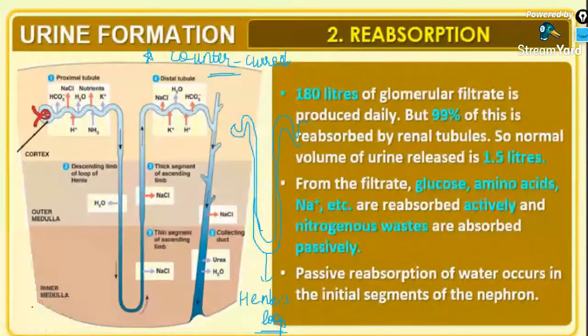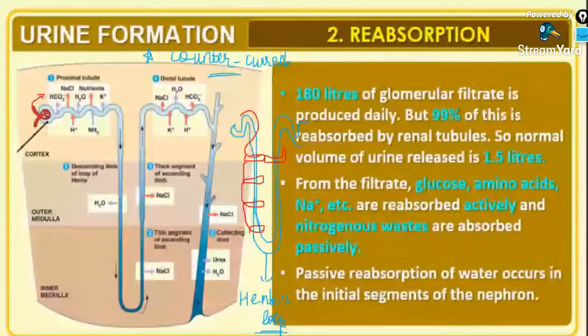And this is the efferent arteriole, guys, right? The efferent arteriole forms a cluster with the Henle's loop, and it will form a tuft of blood capillaries like this.